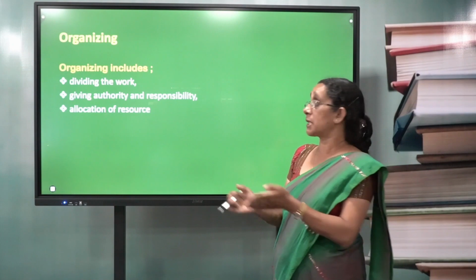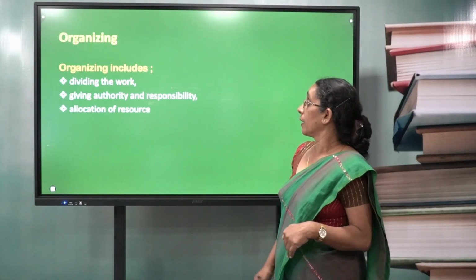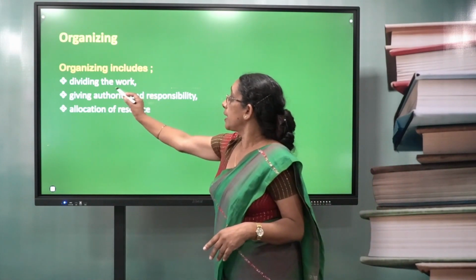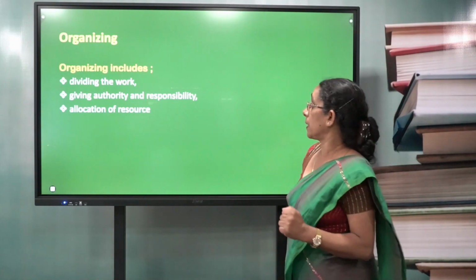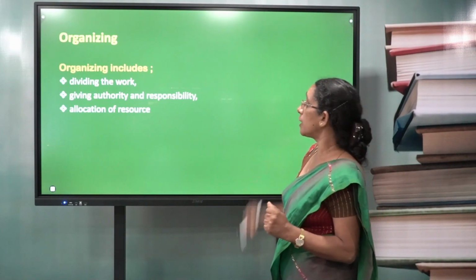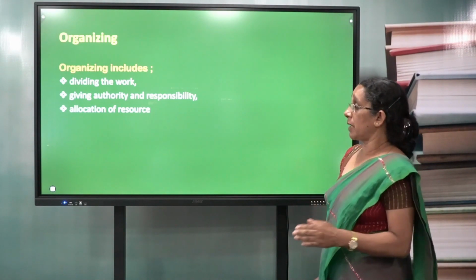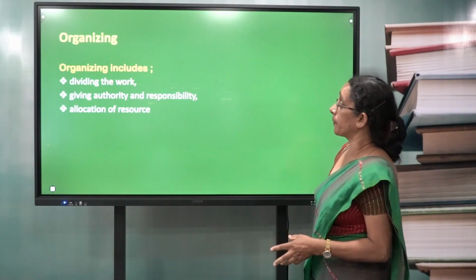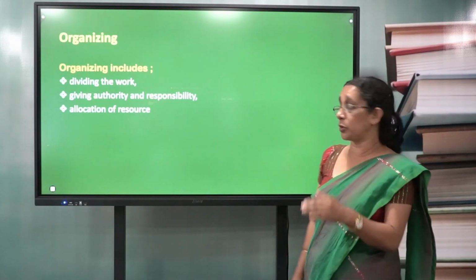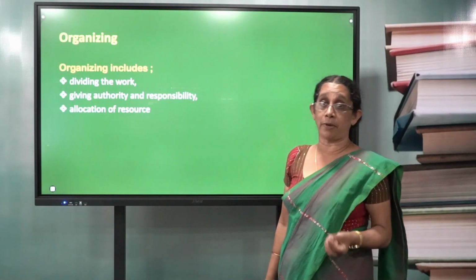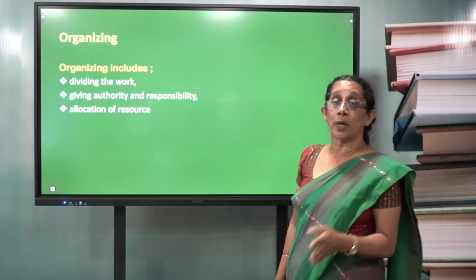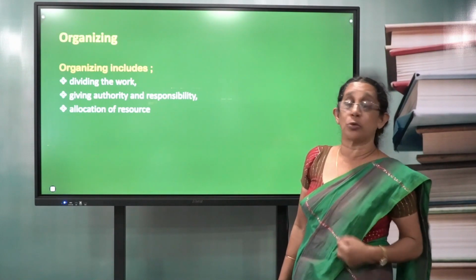They have to appoint sales executives. So, after that, they have to divide the work among those employees. Then, giving authority and responsibility. So, after appointing them, after giving them the work, then you have to give them the authority to do the work. Authority means the legal power. So, they can work freely and they know that they have the right to do the particular task.